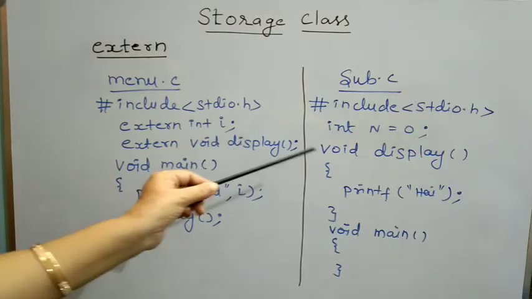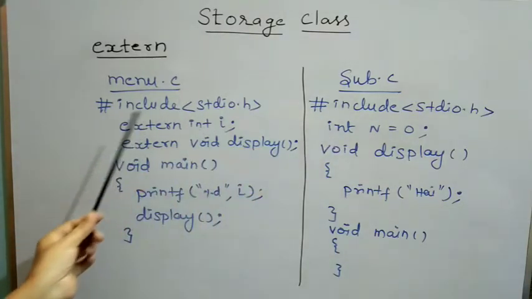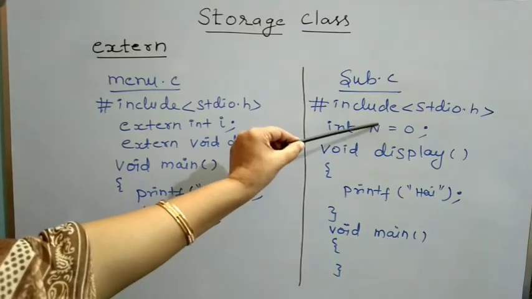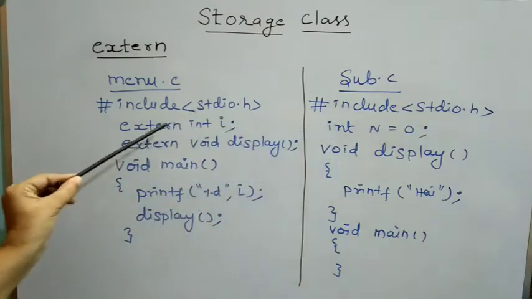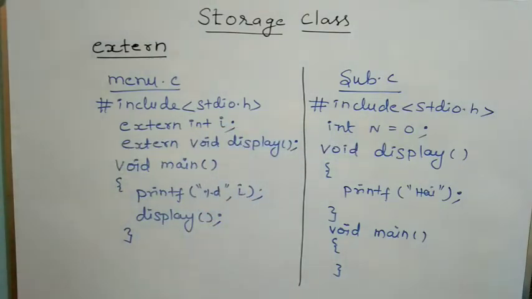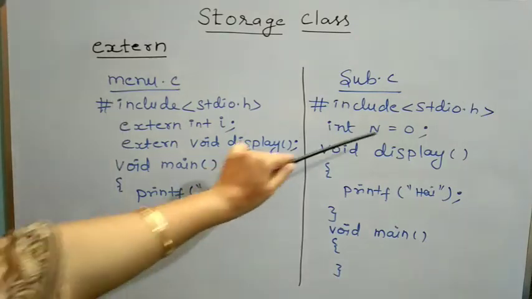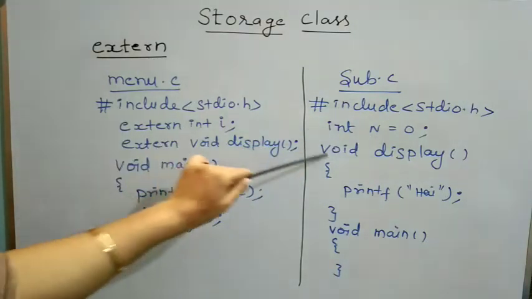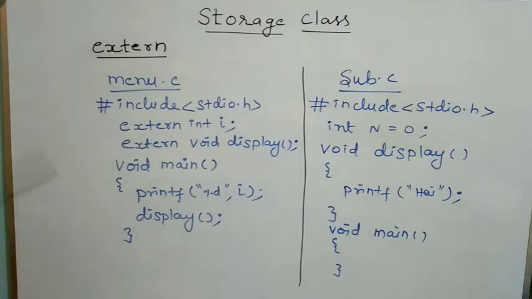A variable which is referred to in another file is defined in one programming file, and it can be declared in many files. It is defined once and can be declared outside this programming file any number of times. That is the beauty of the extern storage class.